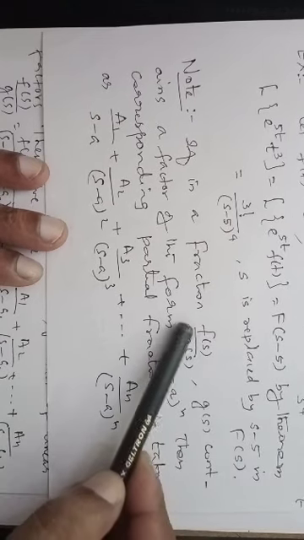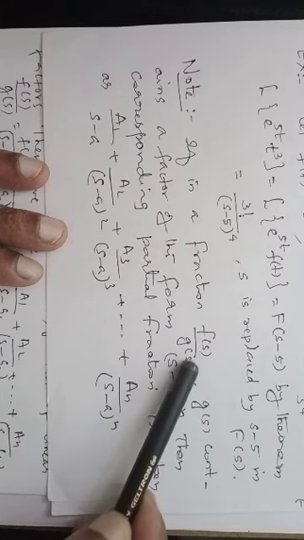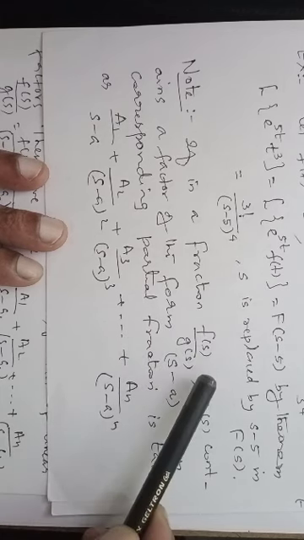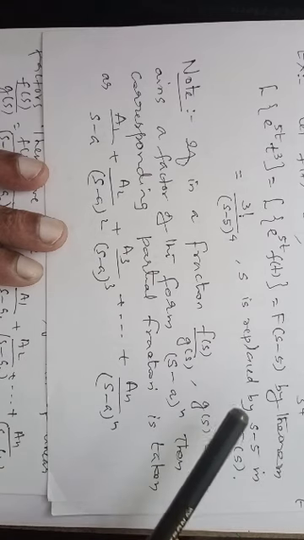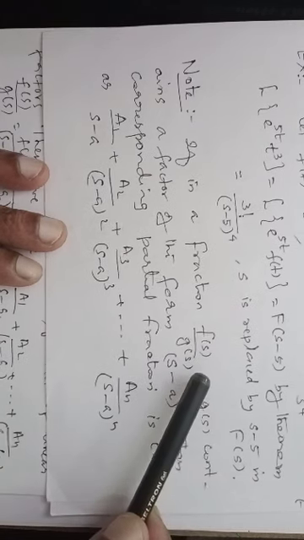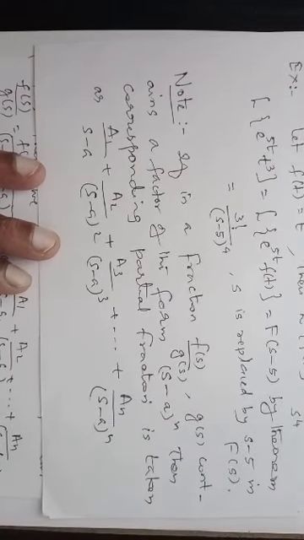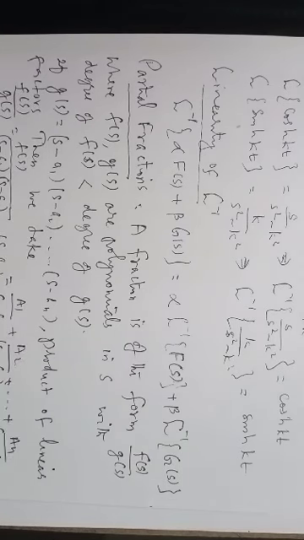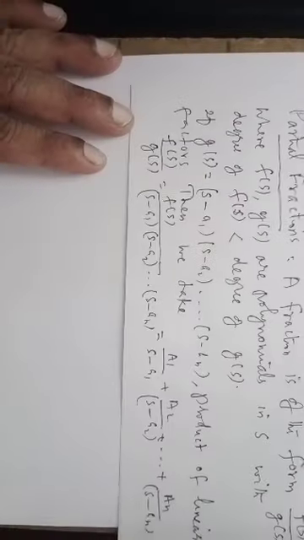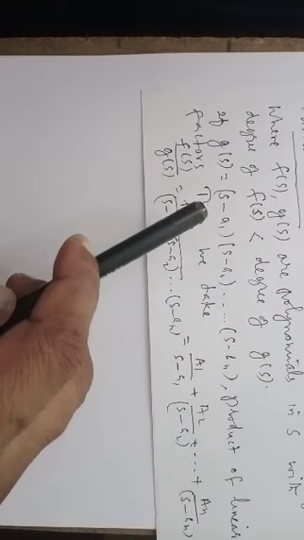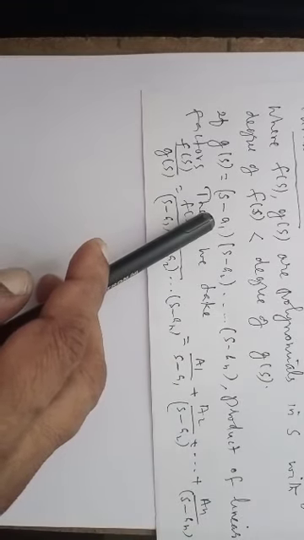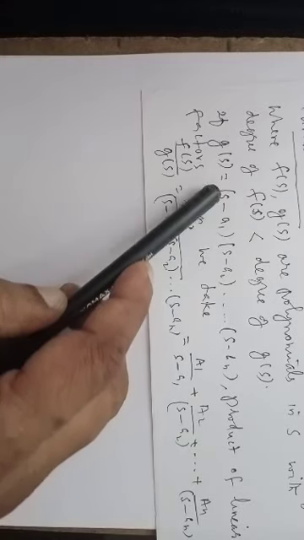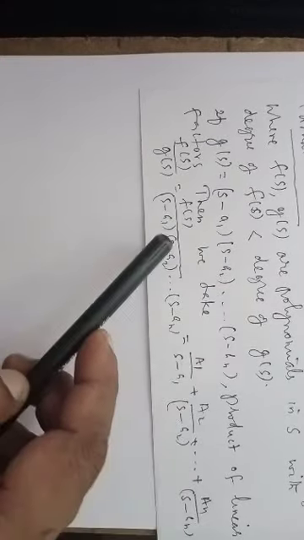Then, if the denominator g of s contains a linear factor, a factor of the form, suppose we take f of s by g of s, and the denominator g of s is a product of linear factors, that is s minus a1, s minus a2, etc., s minus an.